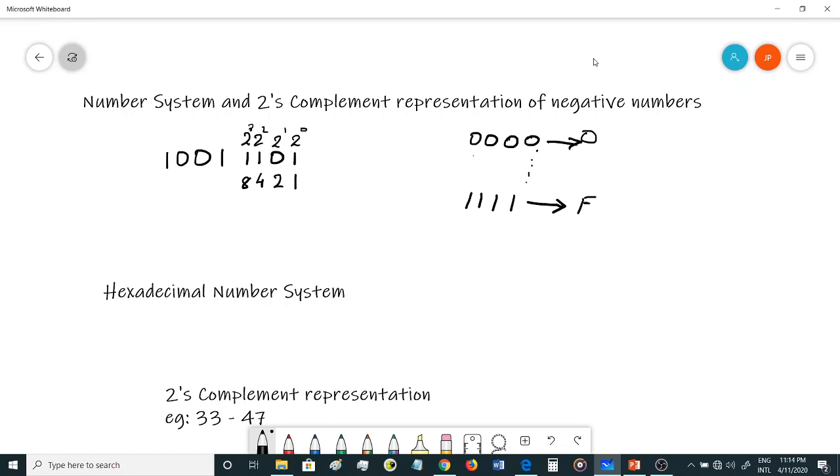So, if you want to calculate what is this hexadecimal number, you need to add all the ones. Now, here in the 2 to the power 3 portion there is a 1, in the 2 to the power 2 portion there is a 1, and in the 2 to the power 0 portion there is a 1. So you just have to add 8 plus 4 plus 1, which is 8 plus 4 is 12 plus 1 is 13. 13 in hexadecimal is D.